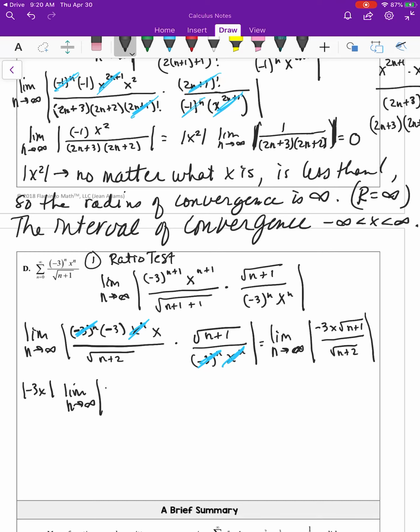And if you want to bring that absolute value of negative 3x out, you've got your square root of n plus 1 over your square root of n plus 2.